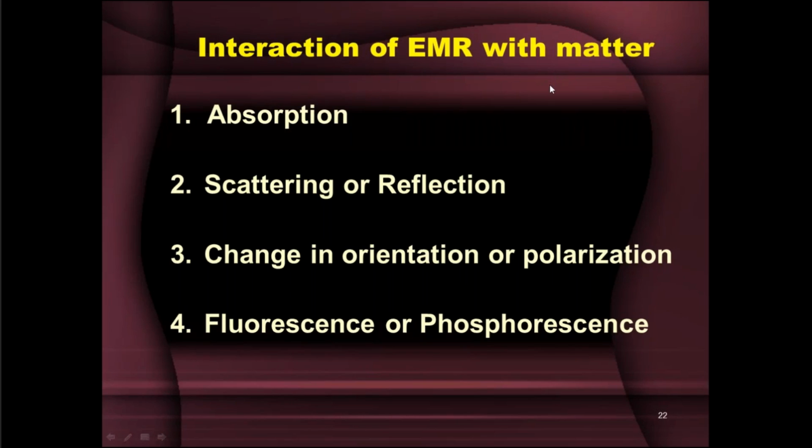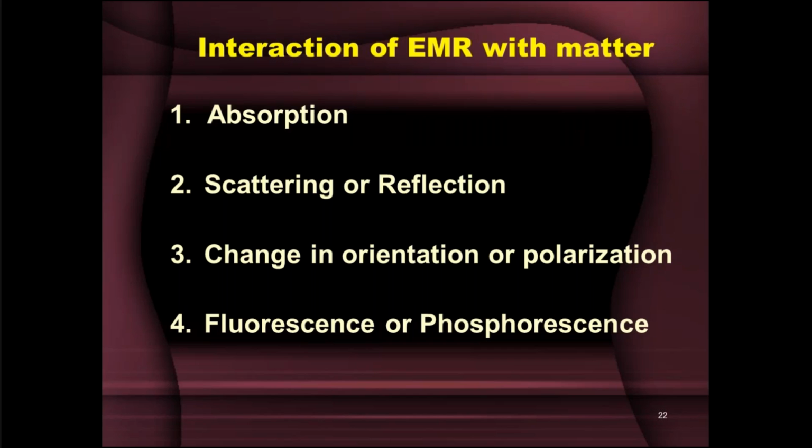Interaction of electromagnetic radiation with matter. This is our next topic. Because we started off with spectroscopy and we said that it is a branch of science that deals with the study of interaction of electromagnetic radiation with matter.